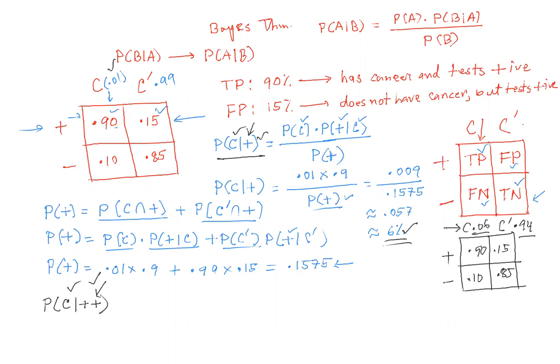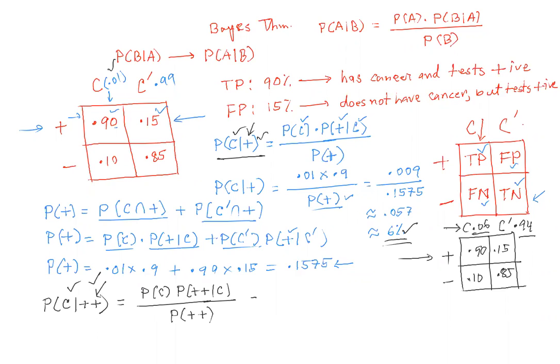Now we have to do the same problem again. There's a little bit of catch here. Catch is that this testing positive is actually testing positive for the second time. So now let's go ahead and write the formula. The probability of cancer times the probability of testing positive twice, given that the person has cancer, divided by the probability of testing positive twice.